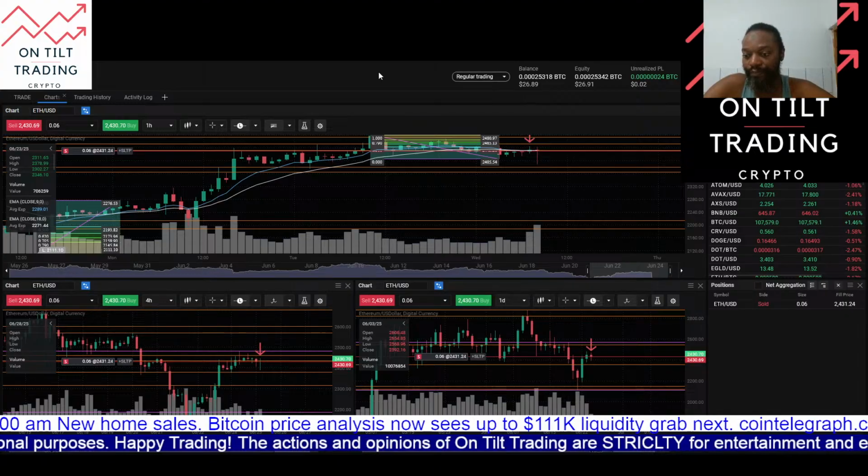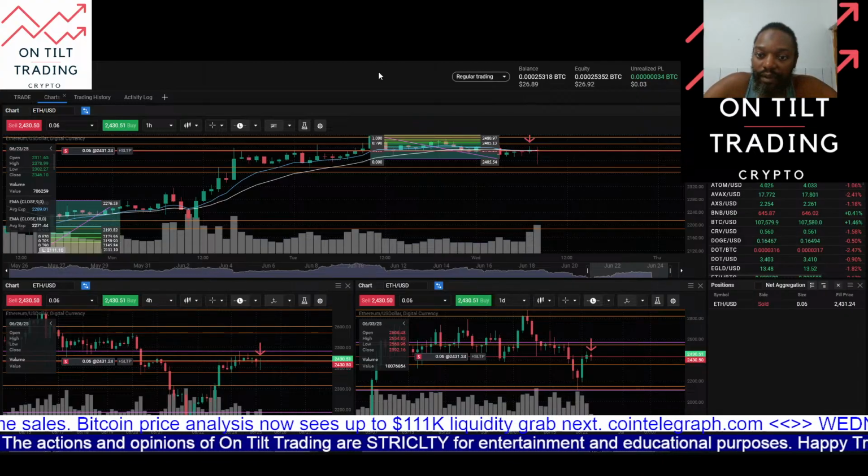Consolidating here. Less than 1 minute remaining in the current 60-minute candle.